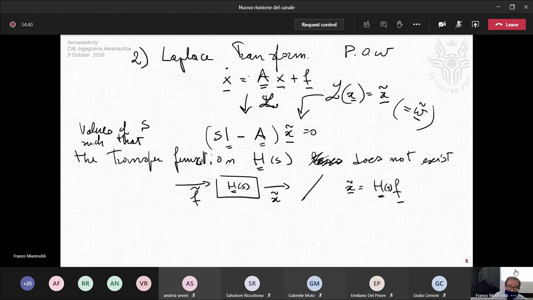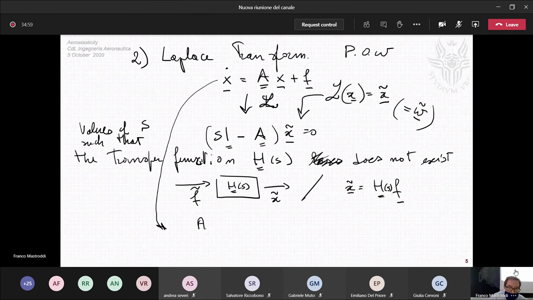And what about H? It's not difficult to find H. In fact, taking the Laplace transform, look, the Laplace transform of the homogeneous problem is giving you an eigenproblem. If you take the Laplace transform of the forced problem with zero initial condition, you have the following.